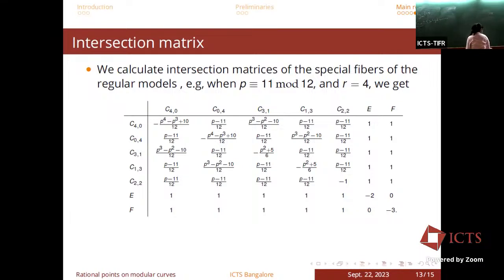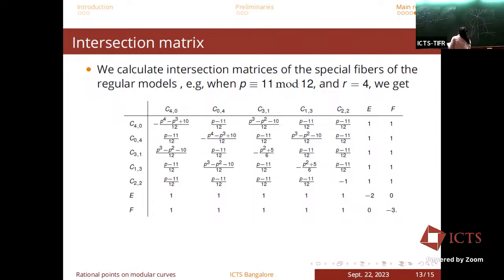Okay, so let me draw the picture for this case. This is the special fiber when r equal to 4 and p congruent to 11 mod 4.